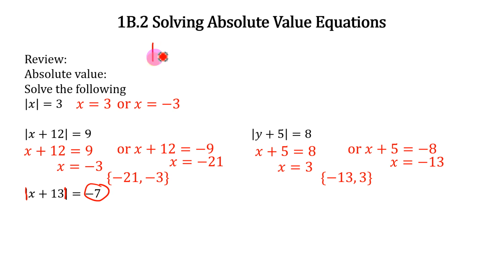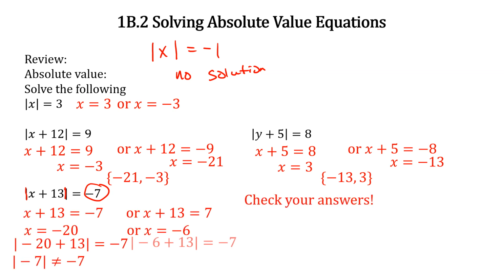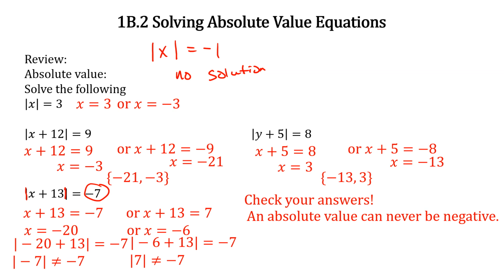So if you ever have the absolute value of something equals negative something, there is no solution. There is no number whose absolute value is negative. It could be 0, but not negative. An absolute value can never be negative. There's a special symbol when there's no solution, and that looks like that. The answer is the empty set. It looks like a Swedish 0.